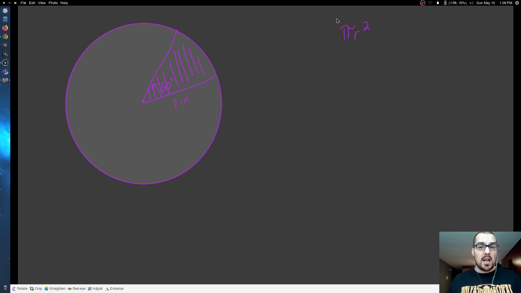So if I were to take the whole circle's area and just multiply it by the portion that I have, I'm going to get the area of that sector. 50 divided by 360 times my radius squared, which is 49, is giving me, let me turn that into a fraction, 245 over 36.